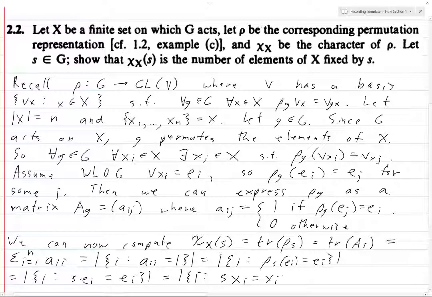Because s doesn't really act... no, it does act on the basis. Maybe this is a little more confusing. Okay, so rho_s of e_i equals e_i.